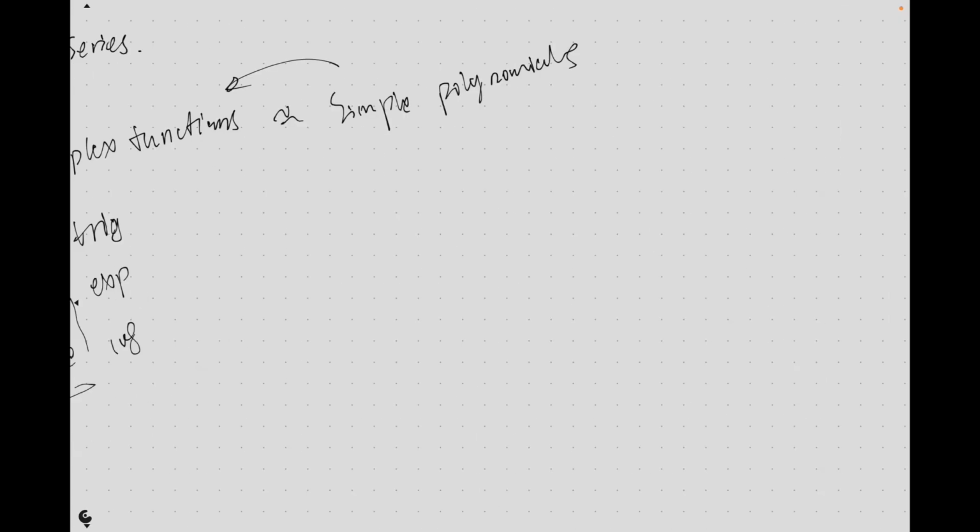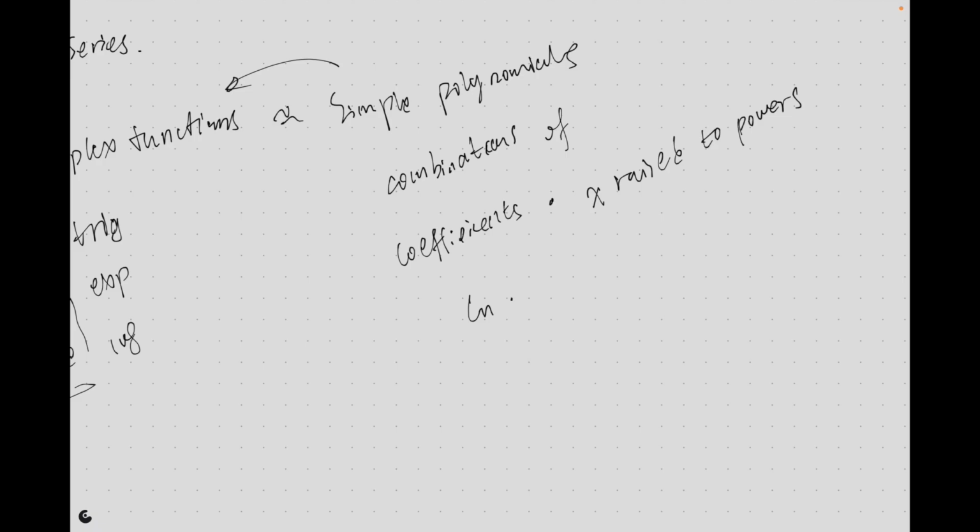So a simple polynomial is a combination of coefficients times x raised to powers. C of n times x to the n. And we have a combination of each term, and n goes from 0 to infinity.